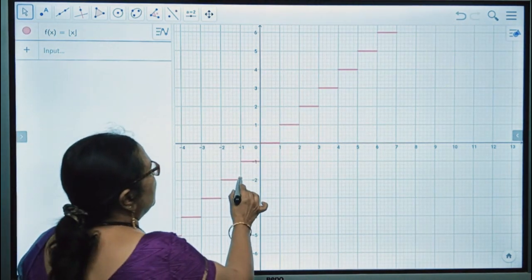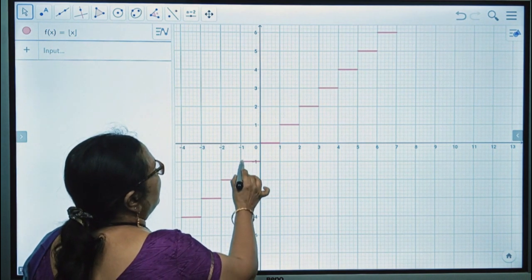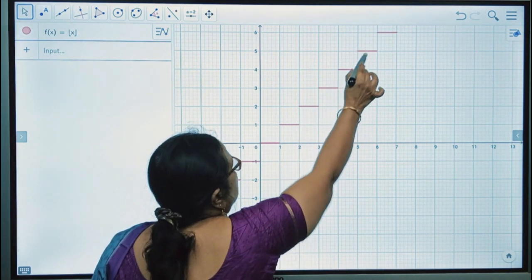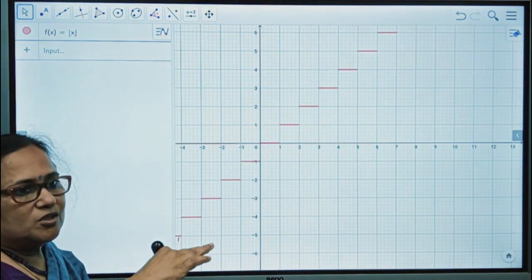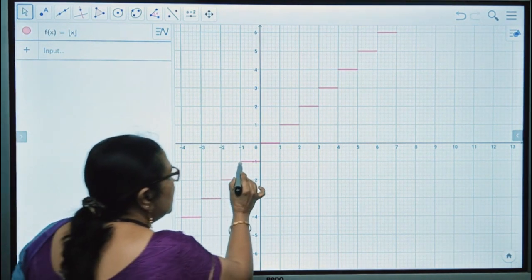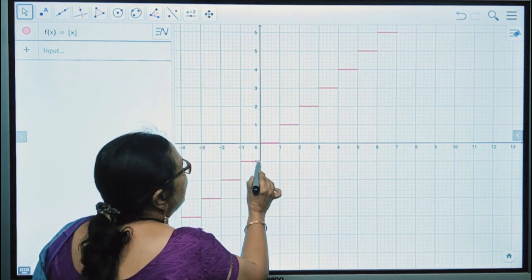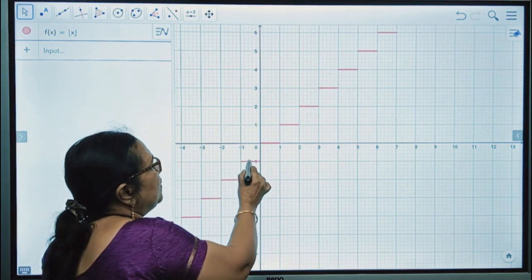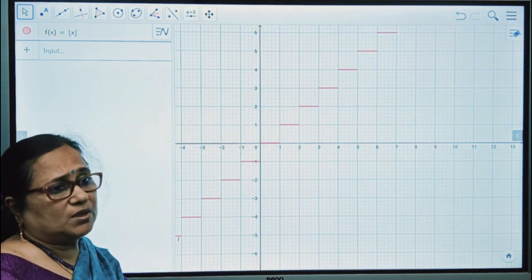So you can see from here, minus 2 to minus 1. At all integral points, 1, 2, 3, 4, 5, 6, there is a break. So at integral points, the function is not continuous. But within this, if I take the open interval between 0 and minus 1, if I take minus 0.5, it is continuous.